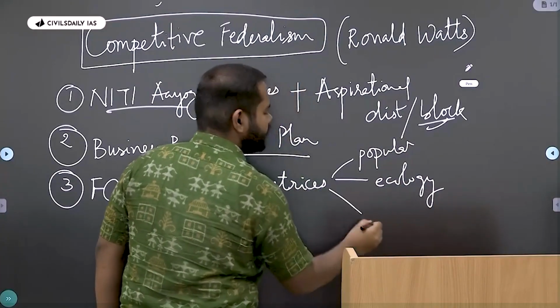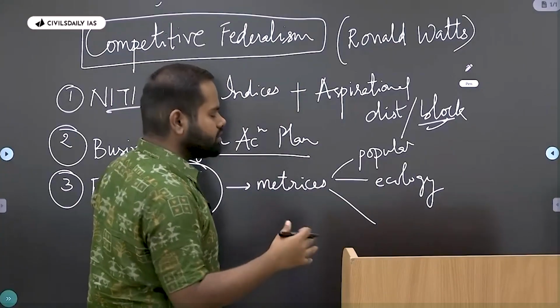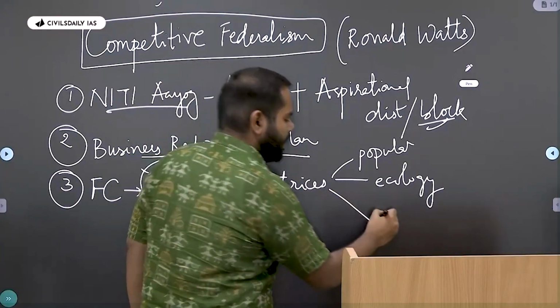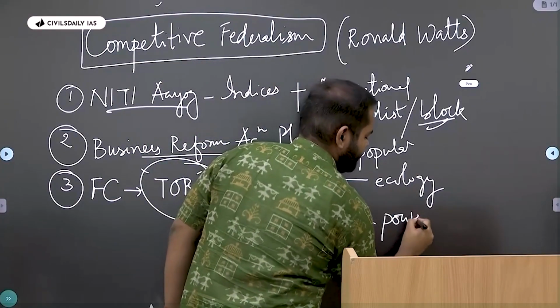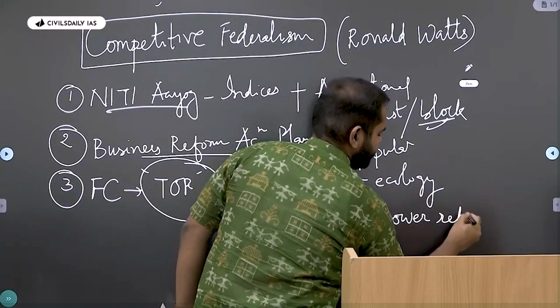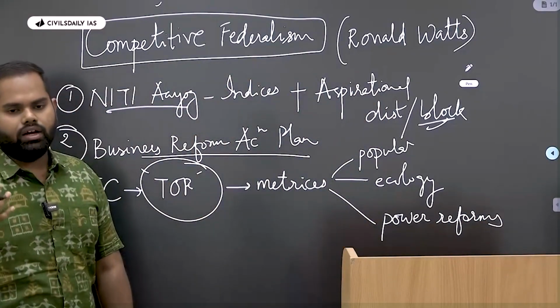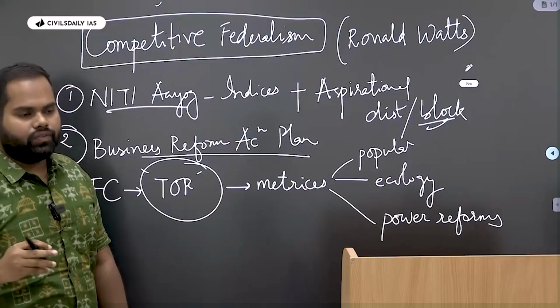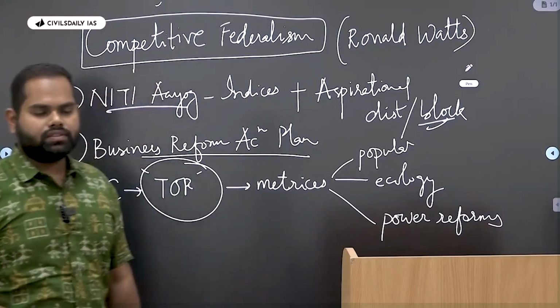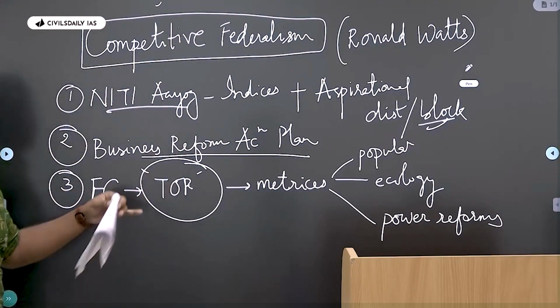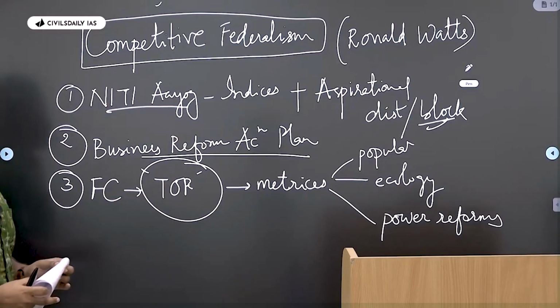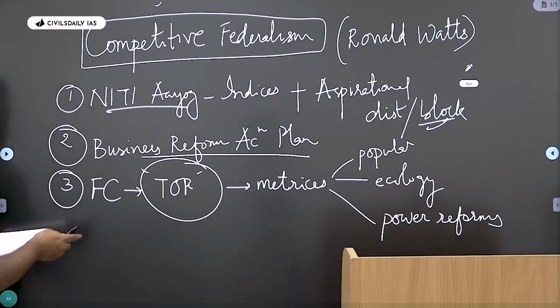Even the devolution of central taxes to the states is contingent upon the power reforms of the states as well. So we see that in a way, the devolution of taxes that goes to the states also depends upon how competitive these power centers, the states, are with each other.